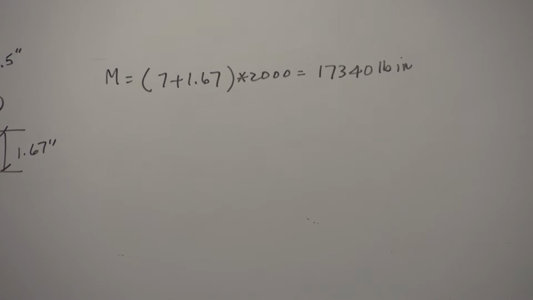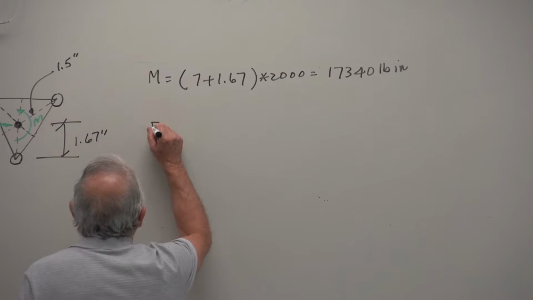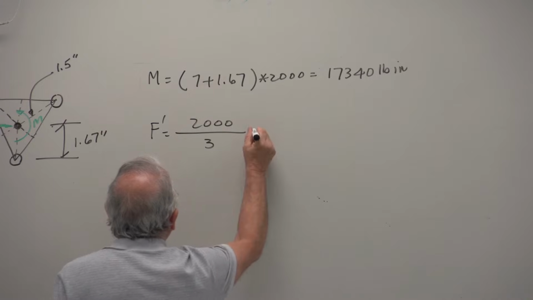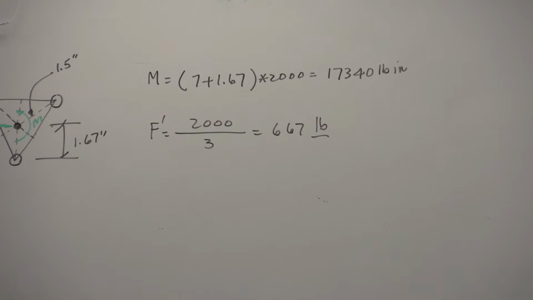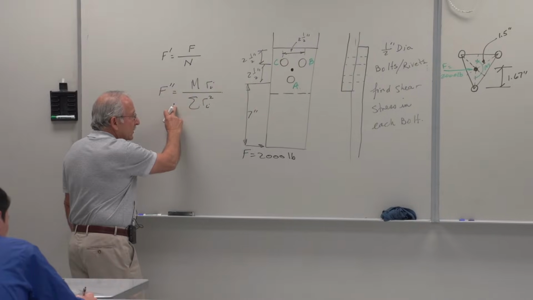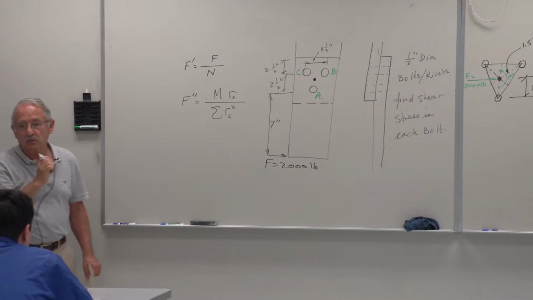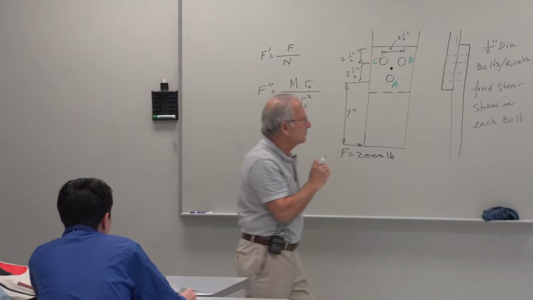Our primary load, F prime, comes from 2,000 divided by 3, 667 pounds. Our secondary comes from this equation. And you have to calculate it for each bolt, because the distance Ri is different for different bolts.